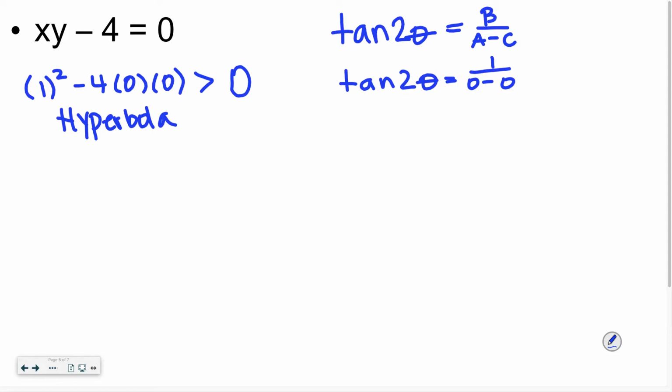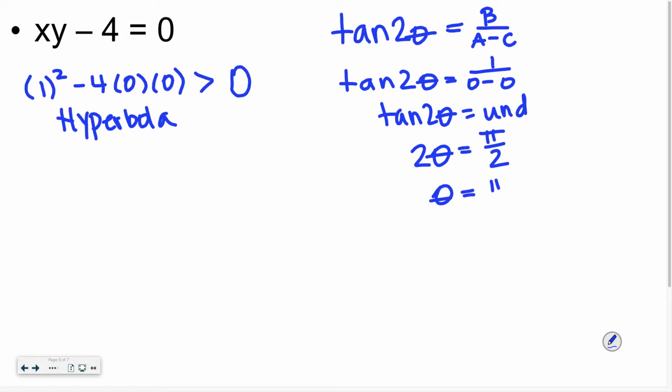Do we have a time where the tangent is undefined? At 90 degrees. So we have that the tangent of 2 theta is undefined. Well, that happens at pi over 2. But our angle is 2 theta in that equation. So we're going to say that 2 theta is pi over 2, which means theta is really pi over 4.